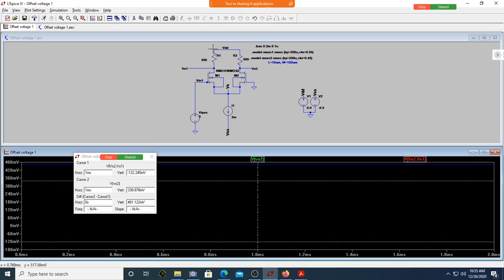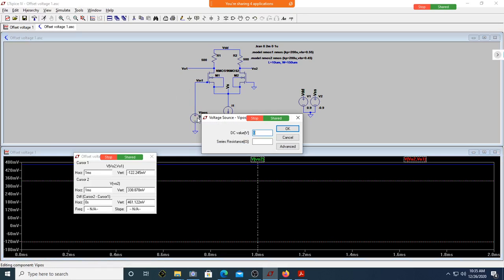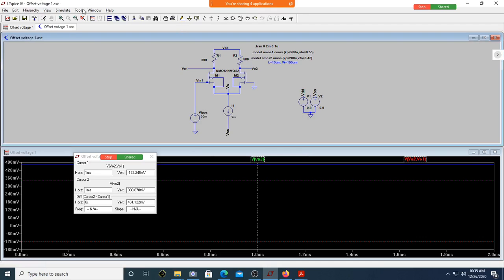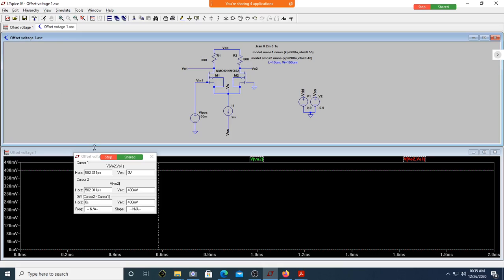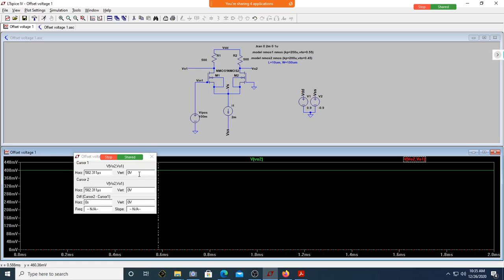Delta VTO, 0.1. Since the offset voltage is negative, you need to apply simply positive 100 millivolt. Correct? Run it. Can you see it's almost becoming 0? VD2 minus VD1 is 0. Perfect.